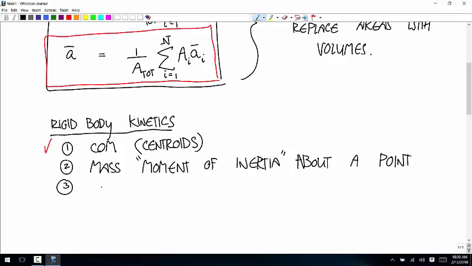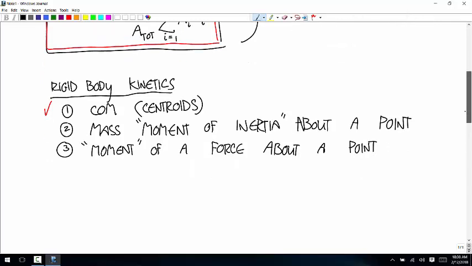And then the third thing we have to talk about is the moment of force about a point. And people just call that the moment. But again, you got to keep that other stuff in mind. Okay, so now we're on the mass moment of inertia about a point.